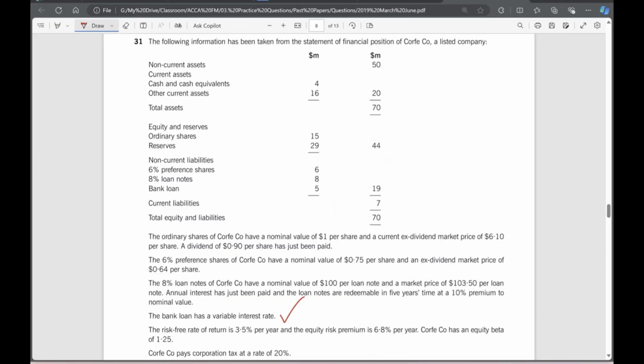So the variable interest rate means the rate as per the market. Then whatever the KD you find for the loan note, you apply the same for the bank loan. Keep in mind, the variable rate bond or bank loan is closer to the market value. Okay, first of all, try it, and then we will discuss it together.